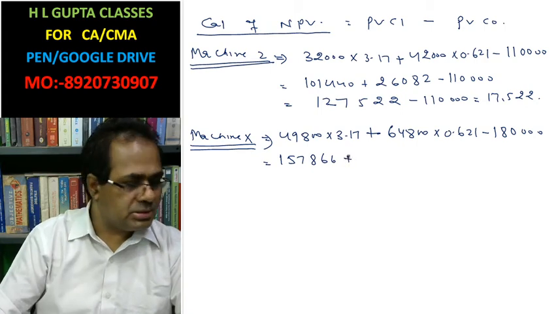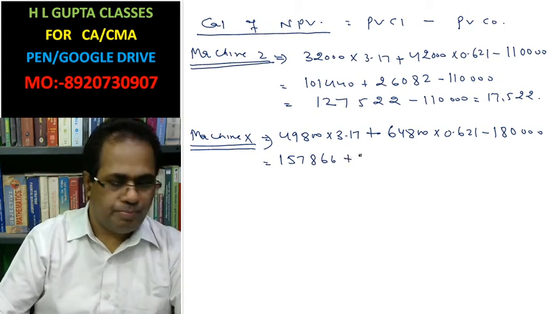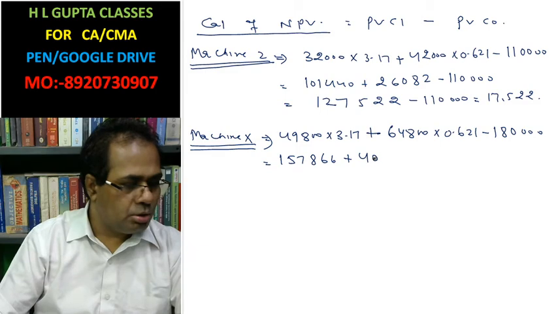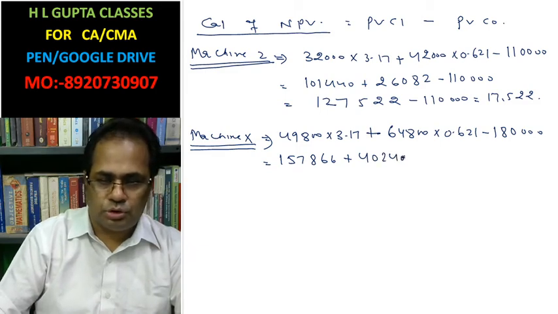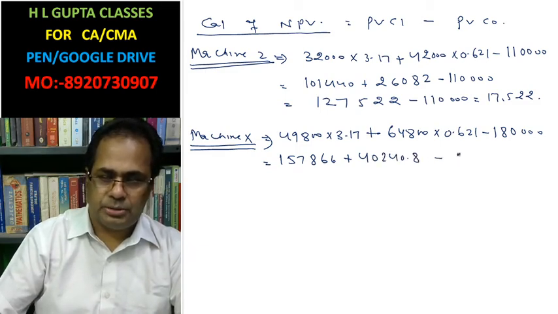This is 1,57,866 plus 40,240.8 minus 1,80,000.